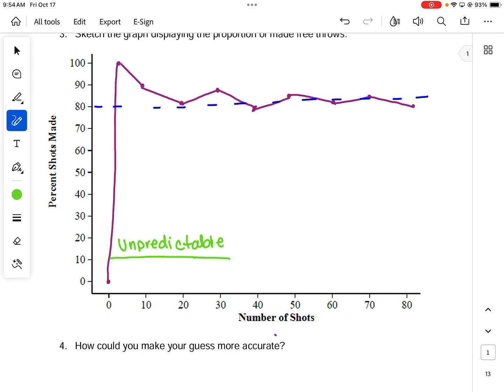But then as we get more and more simulation, more and more trials, this becomes more predictable. And that's based on the law of large numbers. So just a few trials is kind of unpredictable, but once you get more and more trials, it becomes more and more predictable.